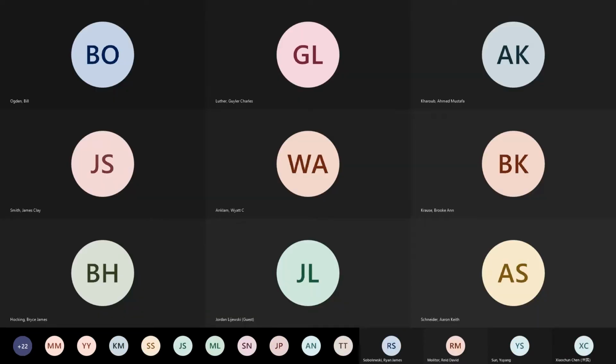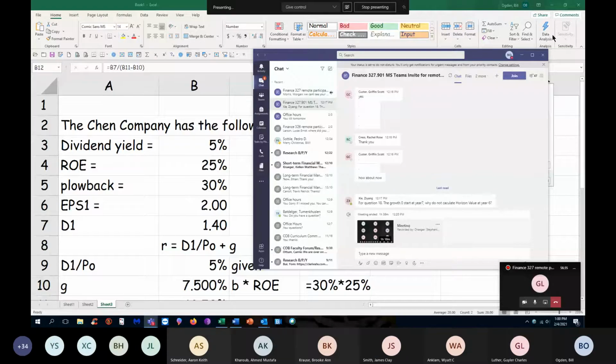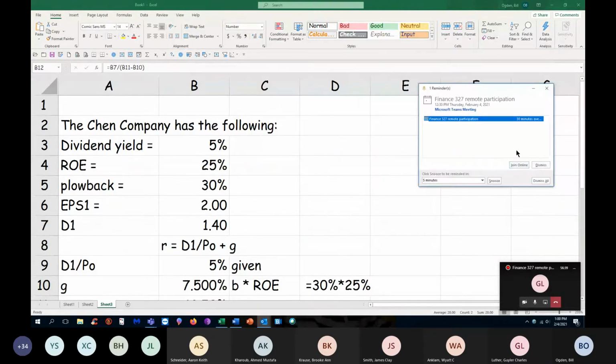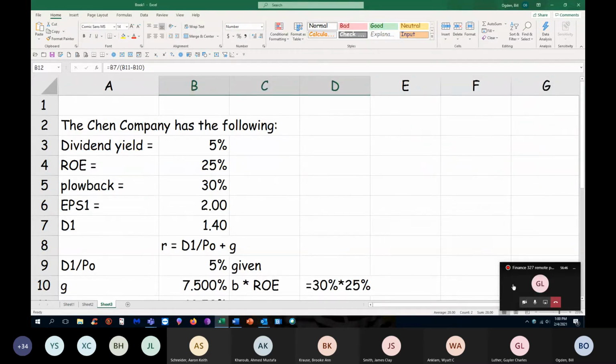All right, now I can once again share the screen. I don't know why that happens. It just does. I mean, I know how to share a screen. Okay, I'm going to share the desktop. You can see on my screen, I have this thing.